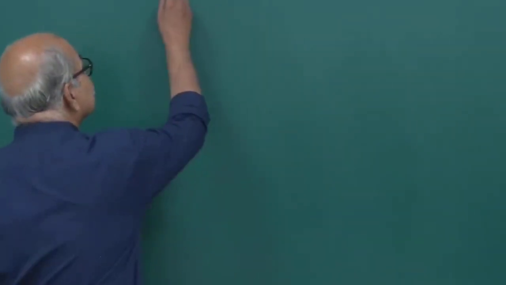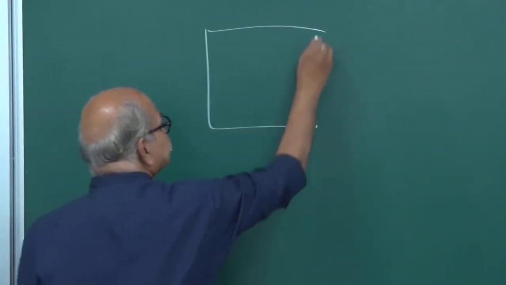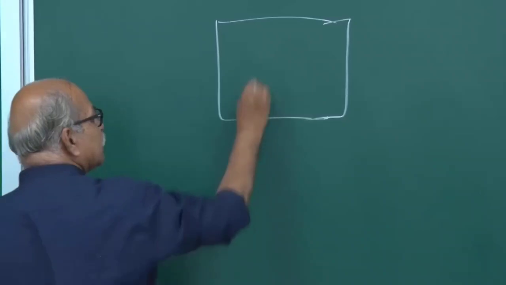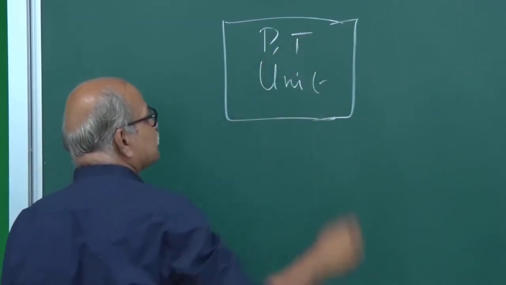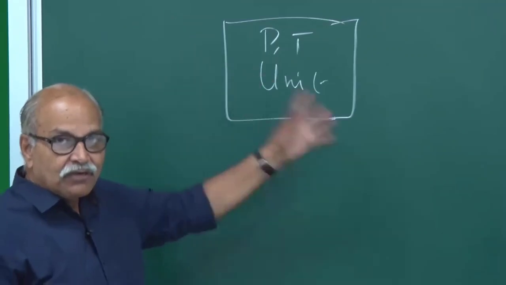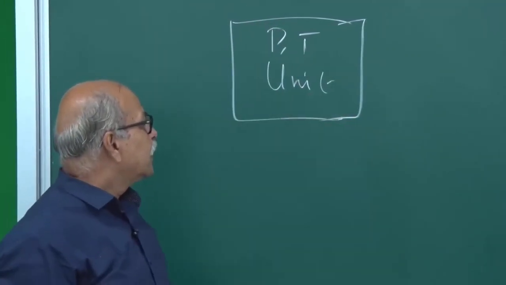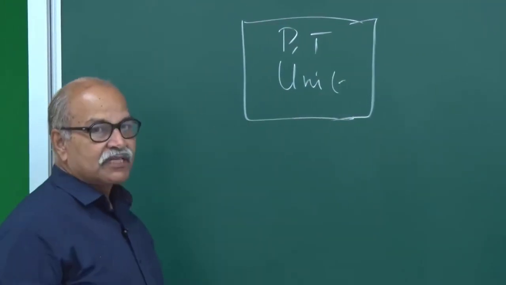Suppose I have this unit here, and in this unit we have some pressure and some temperature, and some processing is going on, and pressure is building and temperature is building.